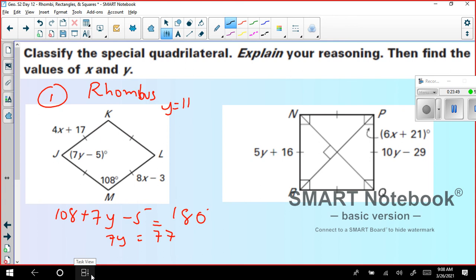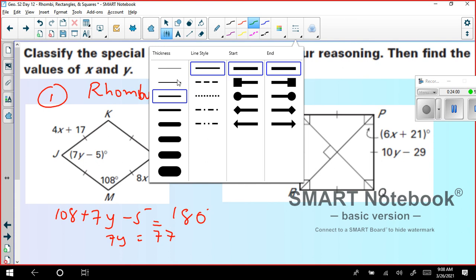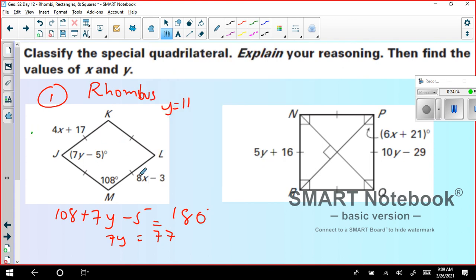On the next one, 8x minus 3 equals 4x plus 17. Both the sides are equal. That's what we saw in case of the rhombus. We should have these two equal. So 4x plus 17 is equal to 8x minus 3.